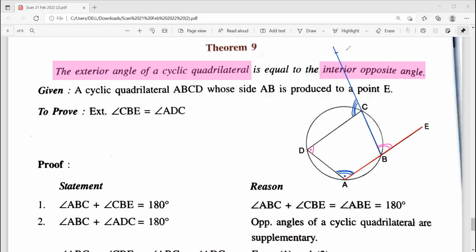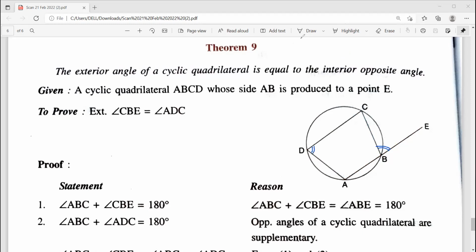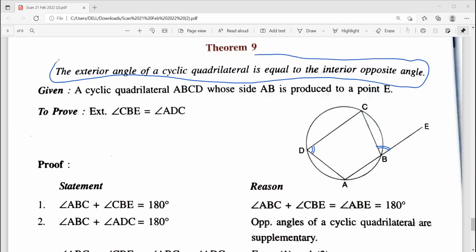If I call this F, I can say angle DCF is equal to angle BAD. I hope you followed this. So please write this statement also and draw the diagram in your notebook.